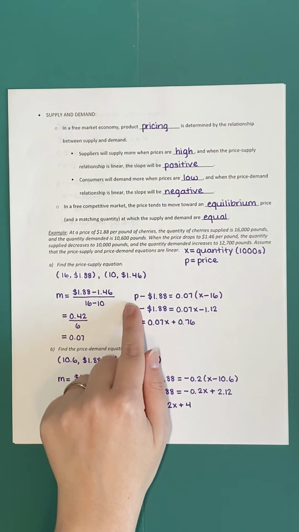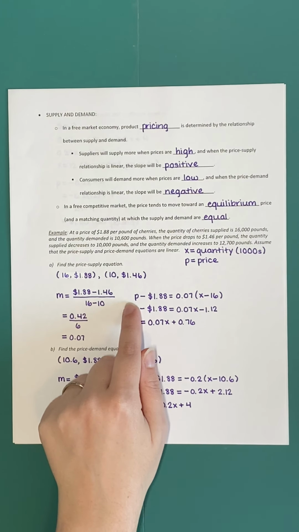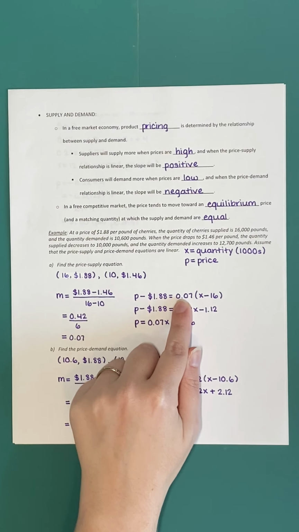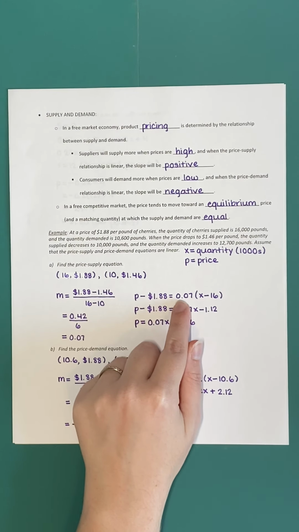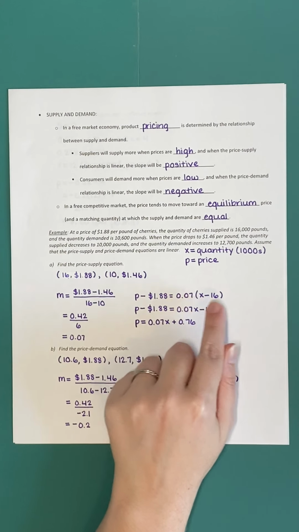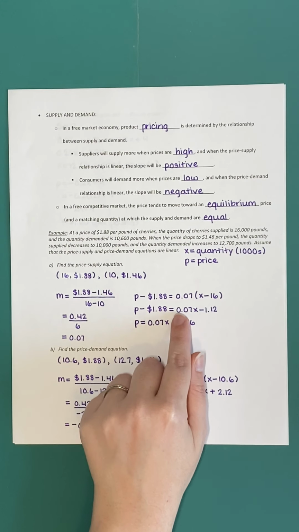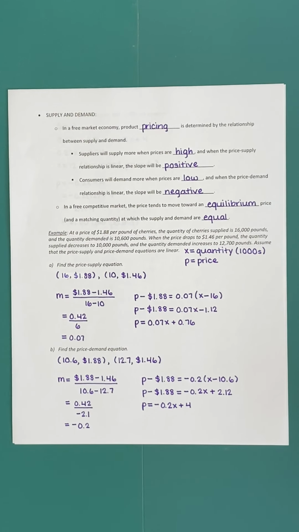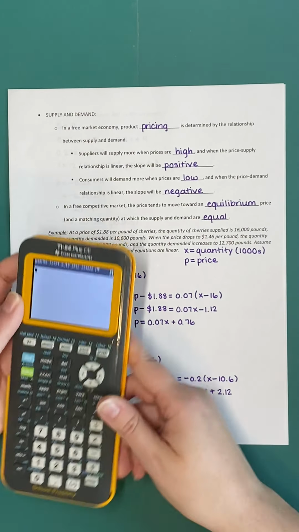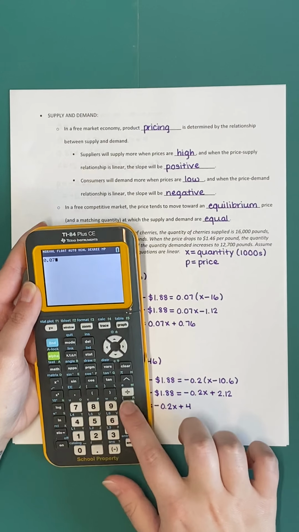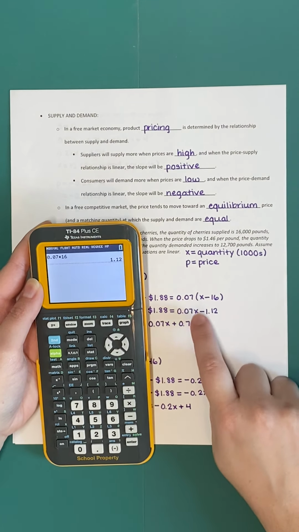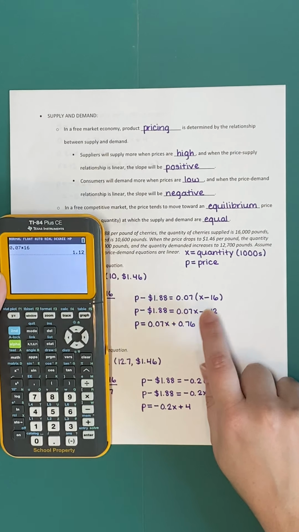So if I want to isolate p and want to simplify all of this, first thing I need to do is distribute the slope on the right-hand side. So I'm going to multiply 0.07 by both terms in parentheses. So 0.07 times x. And then we also need to multiply it by the 16. So 0.07 times 16 is going to give me 1.12, and it was subtracted, so that's going to be negative.